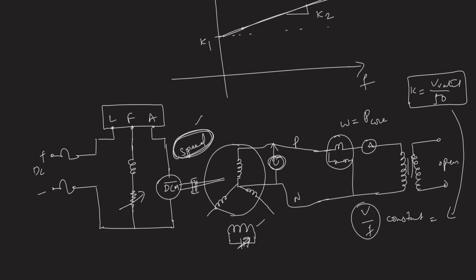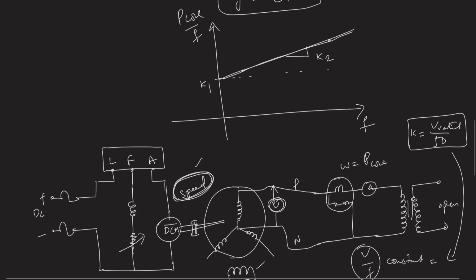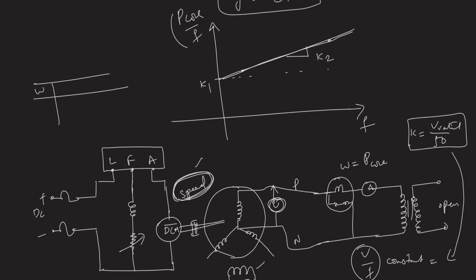Once I have that, I simply draw P core by F for these two values. So I have the wattmeter reading, the corresponding frequency, the corresponding voltage, and the V by F value.